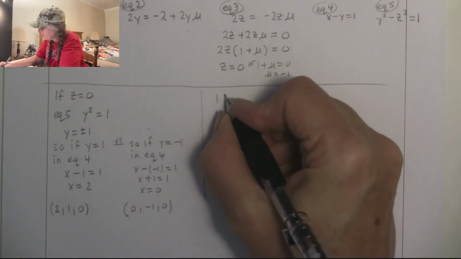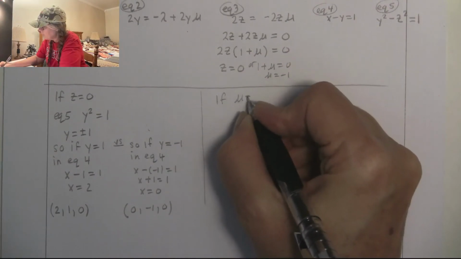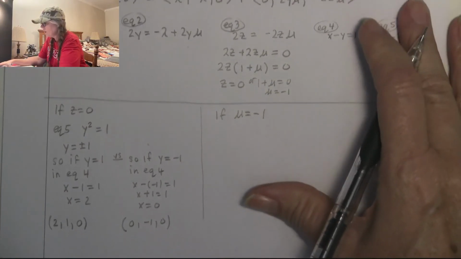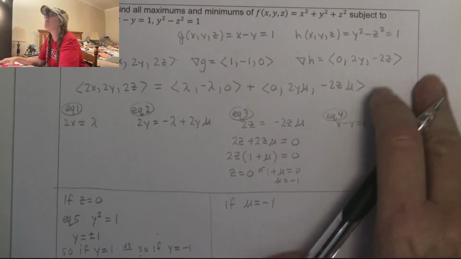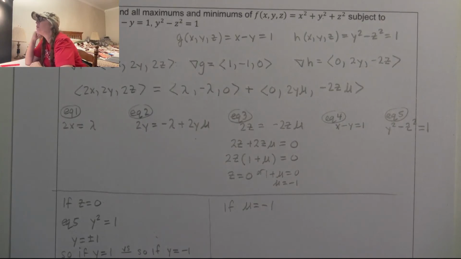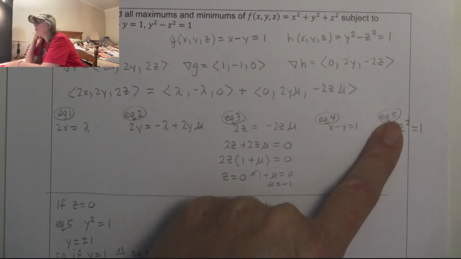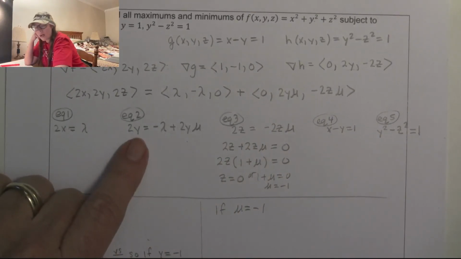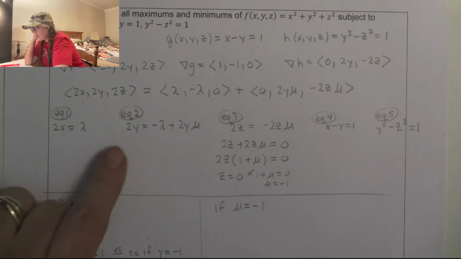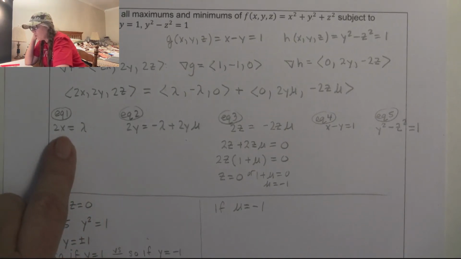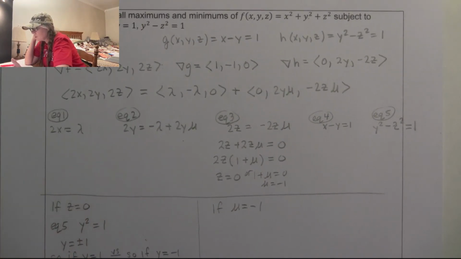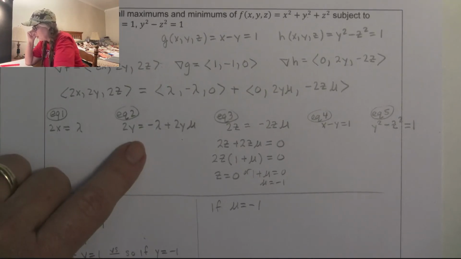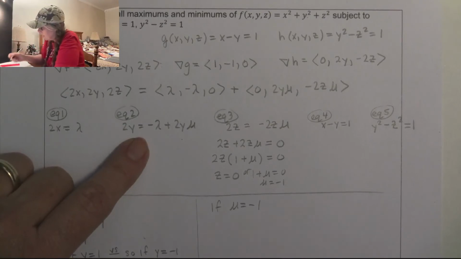So if I start off along those lines, then when I say mu is negative 1, I can't put it in equation 4 or 5. But I might be able to use it in equation 2. It doesn't help in equation 1 because equation 1 doesn't have mu in it. So let's try it in equation 2.